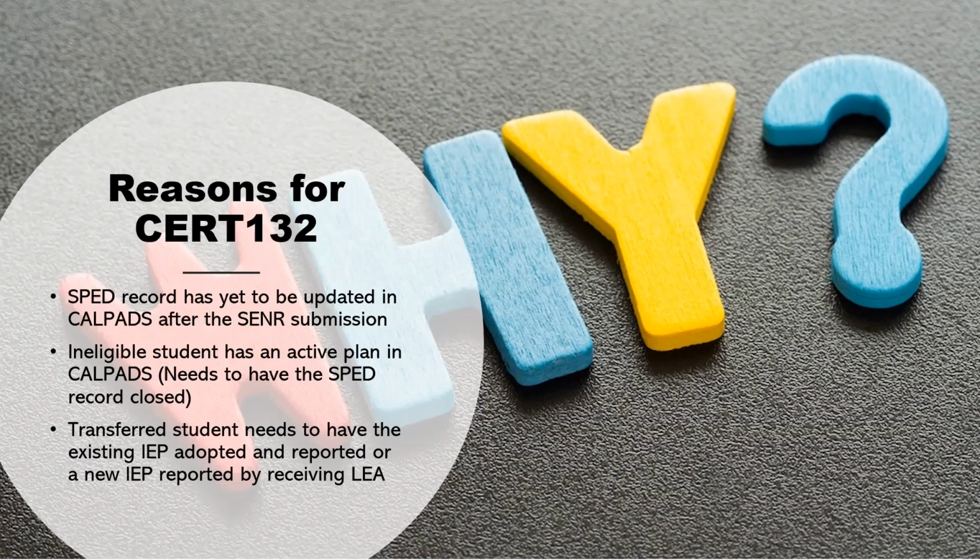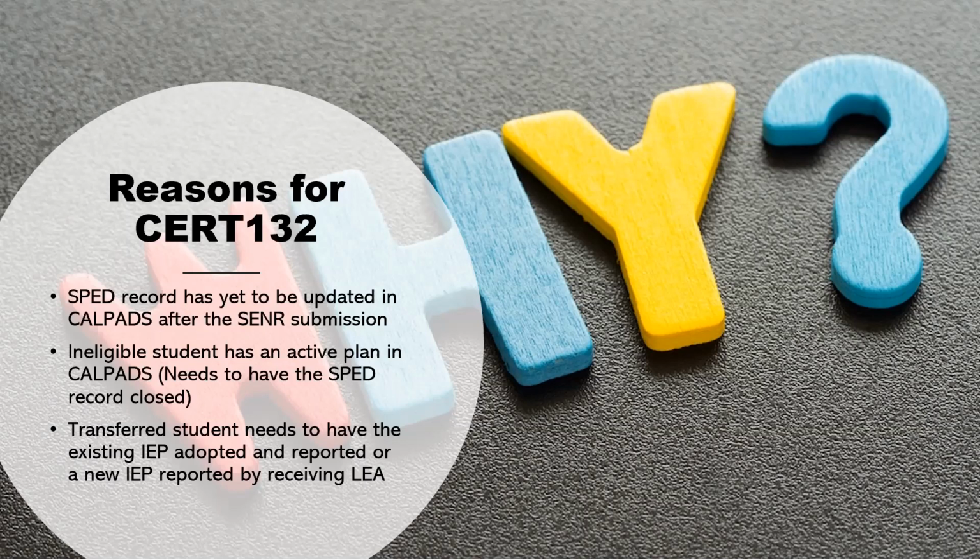And then the last reason that we were going to discuss is very common, probably the most common reason for the CERT132. You have a transferred student that needs to have an existing IEP adopted and reported, or a new IEP reported by you, the receiving LEA. So a student transferred, CALPADS identifies that they have an active plan in CALPADS from the previous LEA, and you have failed to submit that record.